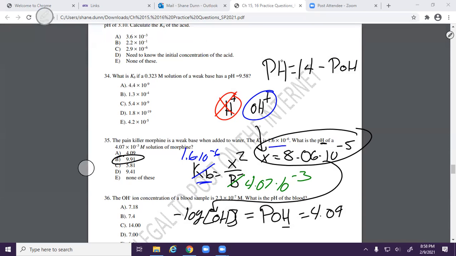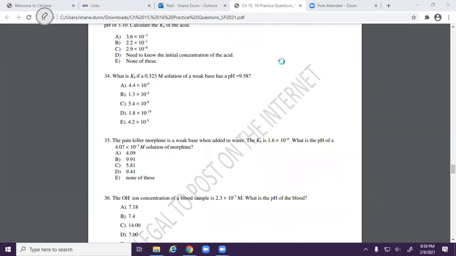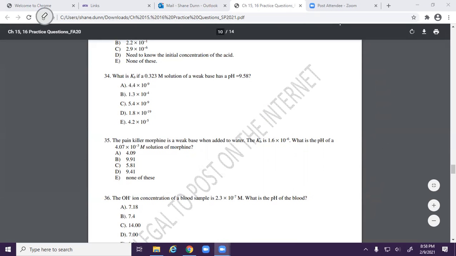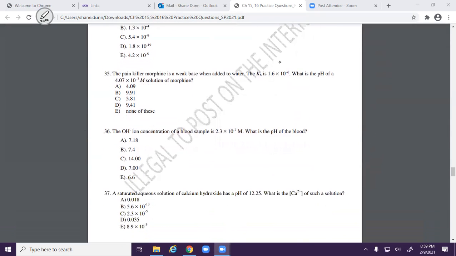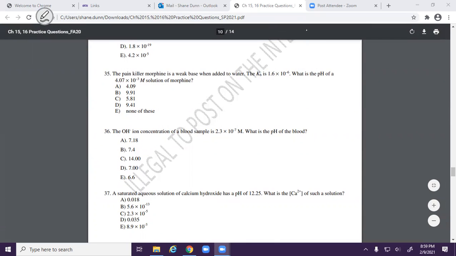Okay, if your brain's fried, you can hop off. You don't have to stay on. I'm recording this. Don't feel like you have to stay on. I'm recording this for that reason. You guys can look back at this when you're doing this again or going for your quiz or exam.